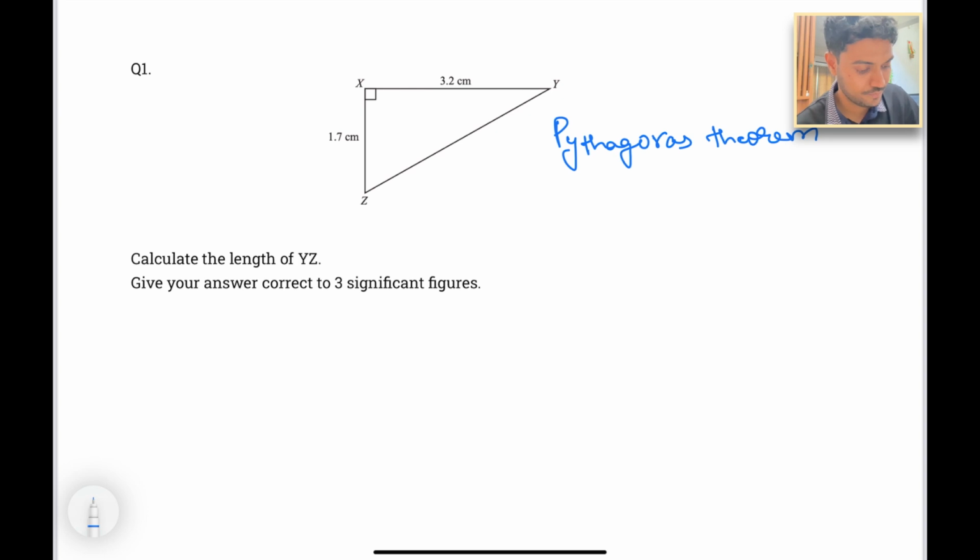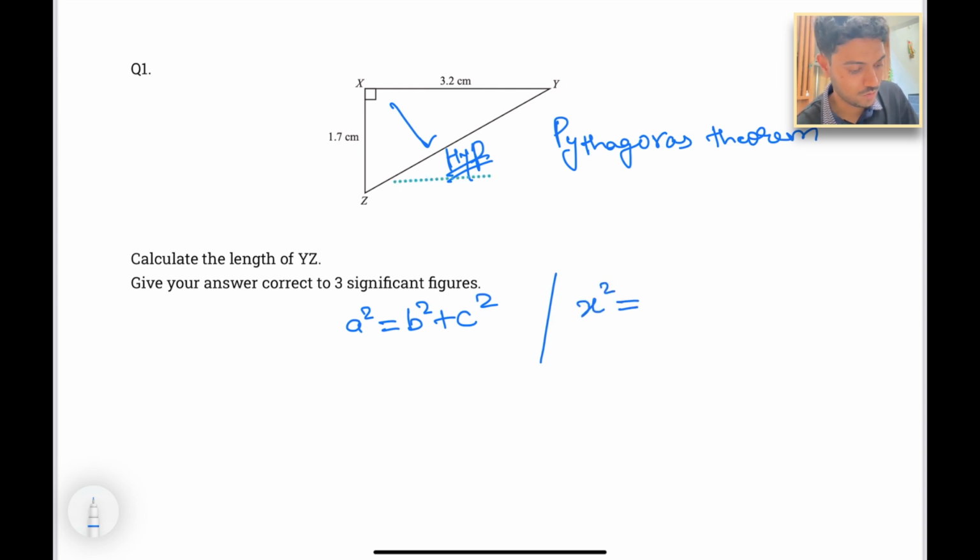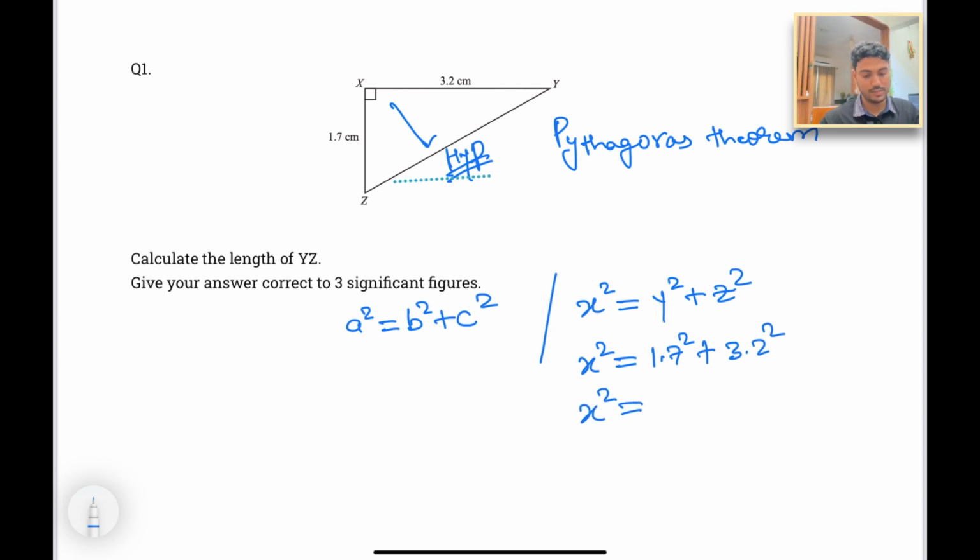So this is the opposite side, which is the hypotenuse. To find the hypotenuse, we can simply apply a square is equals to b square plus c square. But in this case, x square is equals to y square plus z square. So x square is equals to 1.7 square plus 3.2 square, which is 13.13.